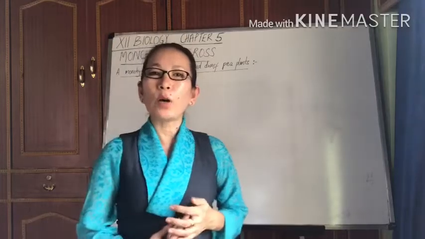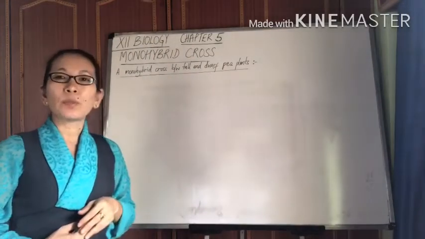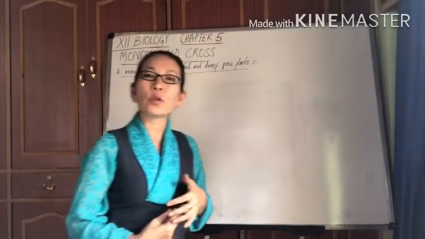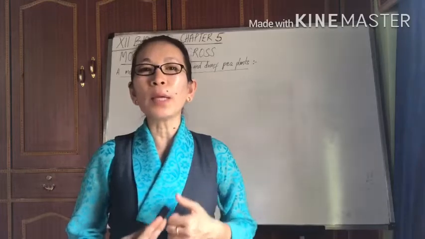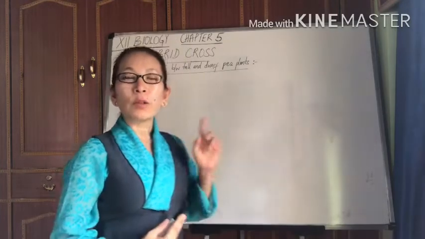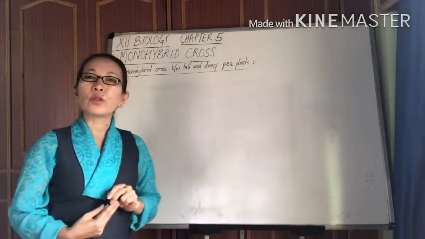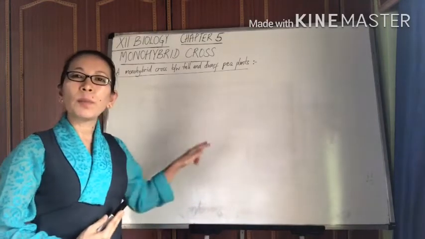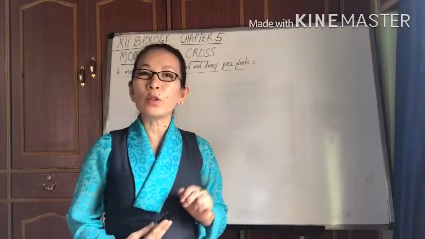Let me now work out one of the monohybrid crosses between tall and dwarf pea plants. And I want you to pay extra attention to the format of this cross because this is going to remain the same for all of the Mendelian crosses. Now the first step that we need to do here is to assign letters for the 2 characters. And from the experiment, Mendel learned that tall was dominant over dwarf.